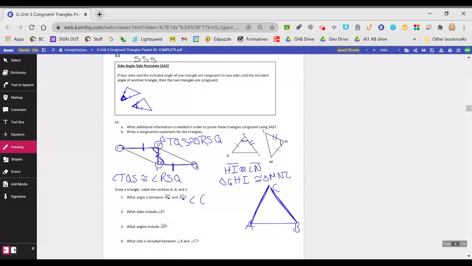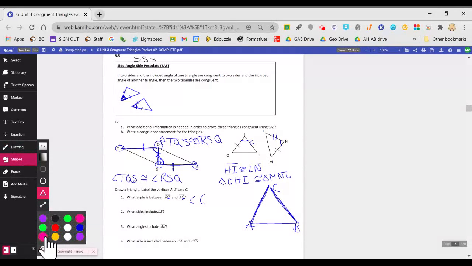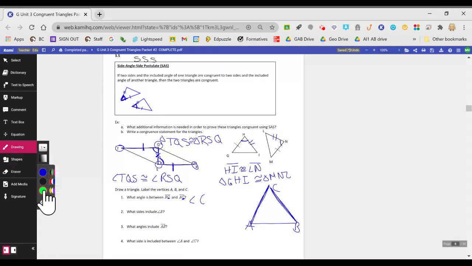What sides include angle B? Well, angle B is down here. So when I draw angle B, I get BC as one side and AB is the other side. Notice how B is in both of those.